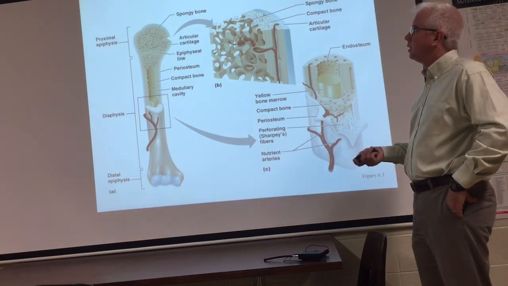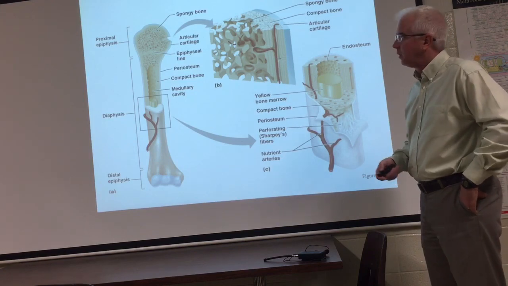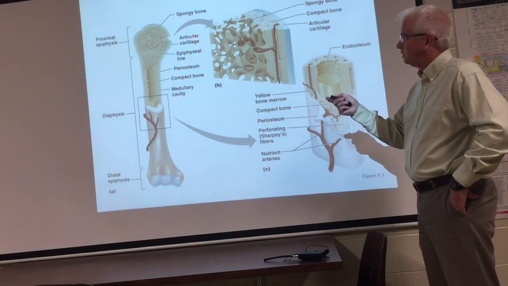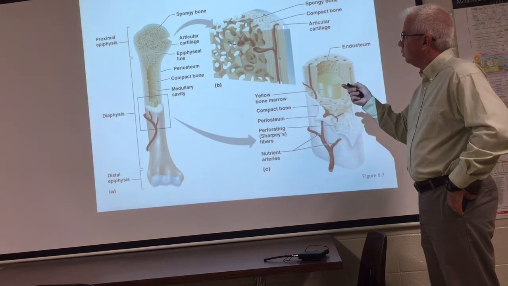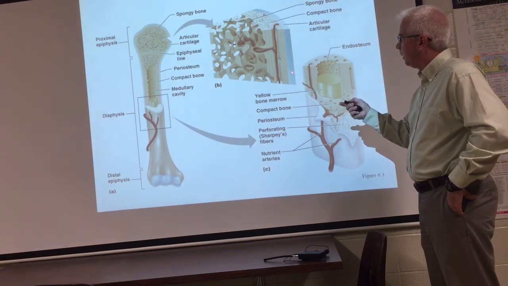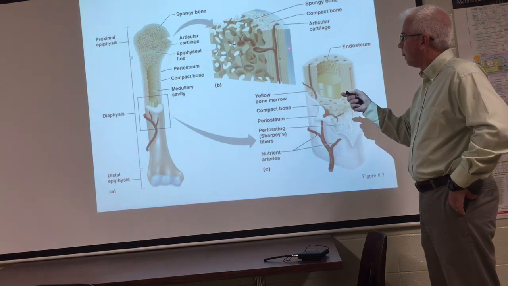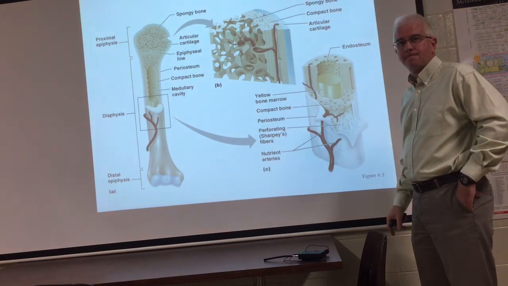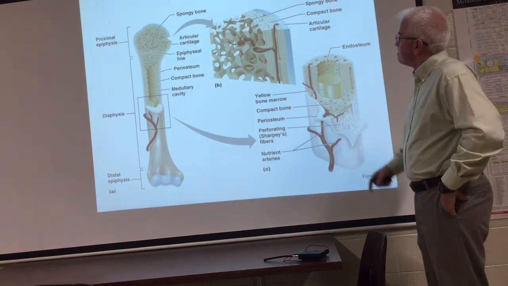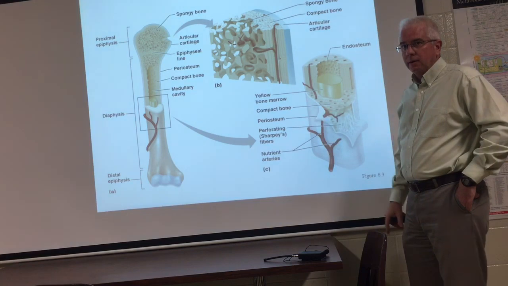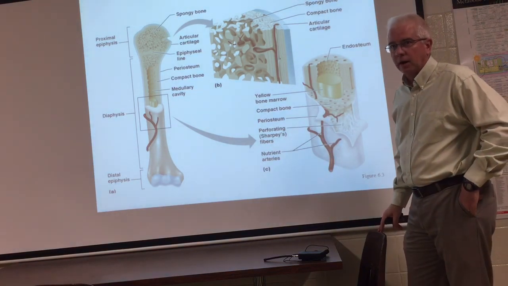All right, so let me point out a couple of things that you know already. You already know what this is. What is that right there? It's labeled for you here, but I'd like to know what it is.